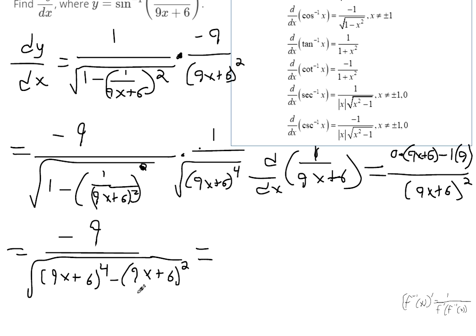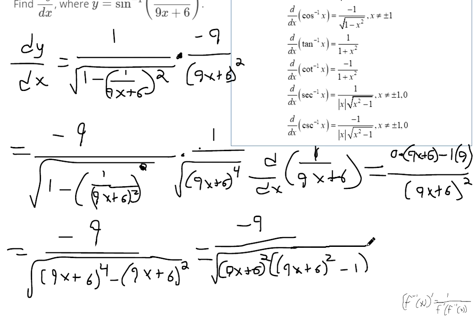Now both those terms have something in common. You can factor out a 9x plus 6 squared from both of them. Then in parentheses, what's left over on the inside is 9x plus 6 to the 2nd minus 1. I factored a 9x plus 6 squared out of both of these terms. And if you do that, you can reduce the radical. This is negative 9 over the square root of 9x plus 6 squared.